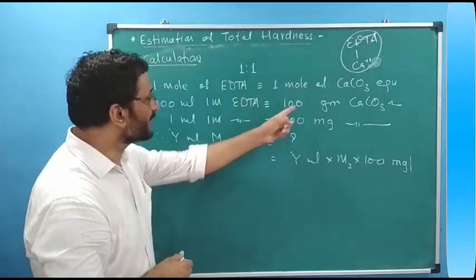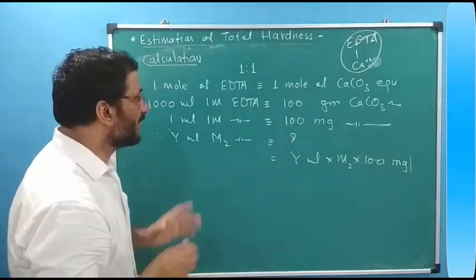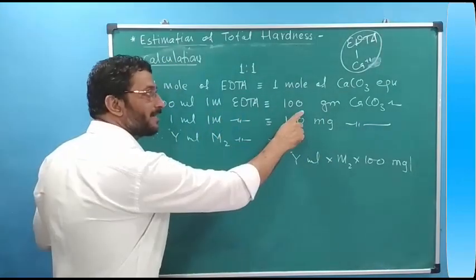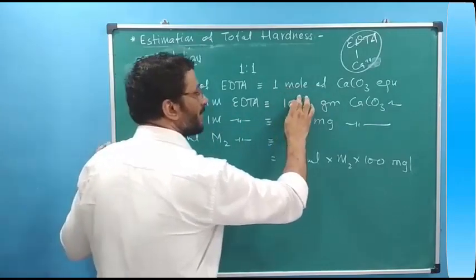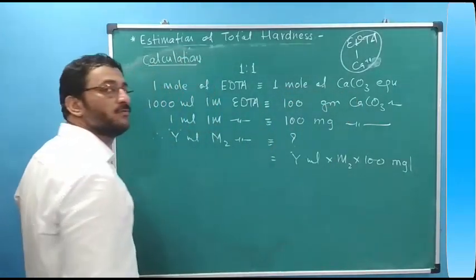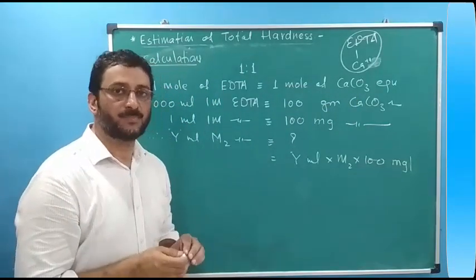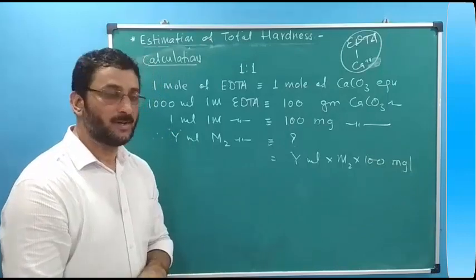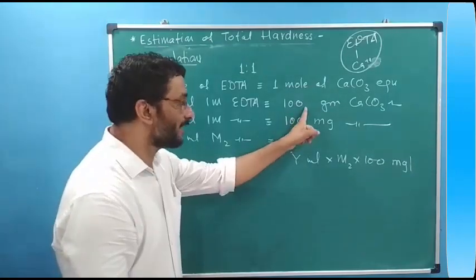There also we can write 1000 ml 1 molar CaCO3. But in the experiment, we want to know the volume and number of these. So instead of writing 1000 ml 1 molar CaCO3, we write how much CaCO3 is required to prepare a 1 molar solution of 1 liter volume. That is equal to the molecular mass of CaCO3, that is 100.